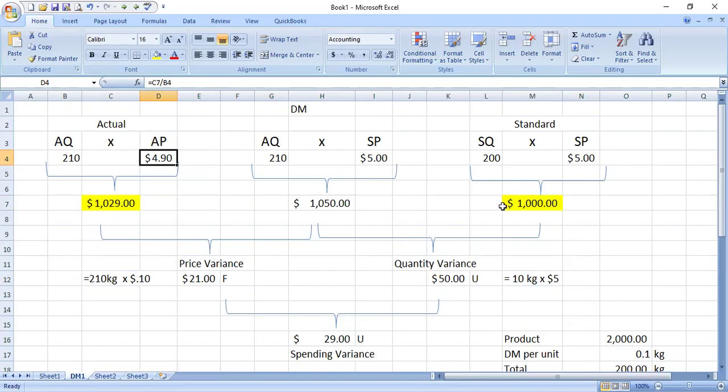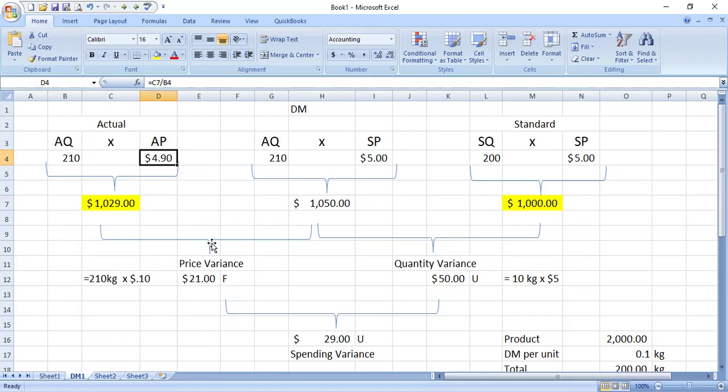Obviously, the production manager is overspending by using more kilograms, whereas the purchasing manager found a lower price for our materials. Which one is doing a better job? The purchasing manager. Yeah. The purchasing manager is doing a better job because he found that lower price for the material.